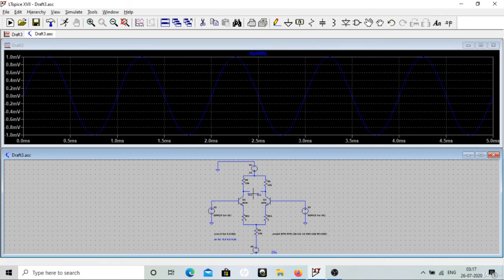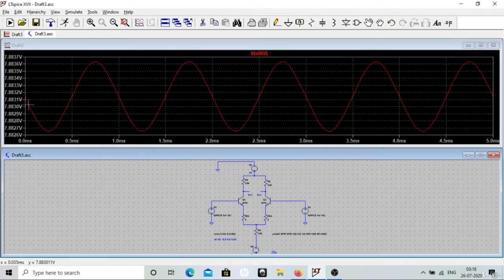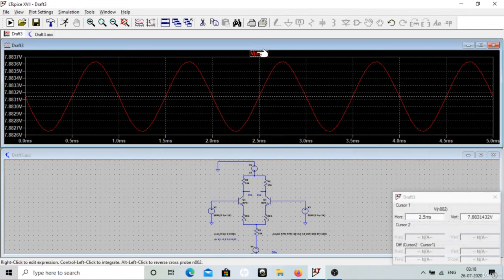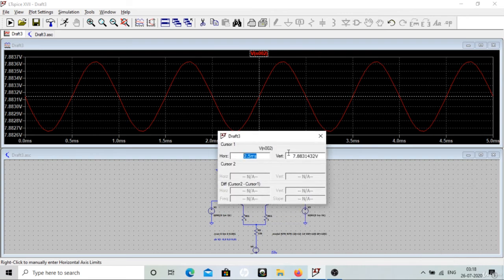If you look at the differential output, it comes out to be 0 millivolt. But if you take the single ended output, then you are getting some gain. Again, if you want to check with the cursor value, you can check.